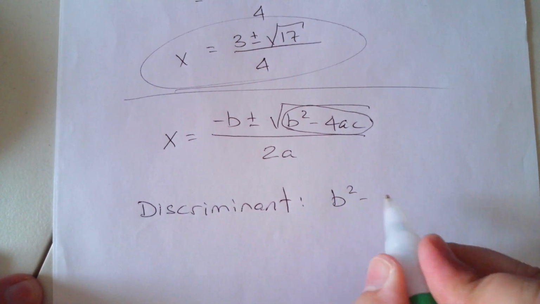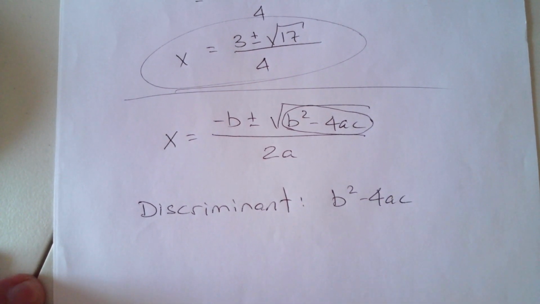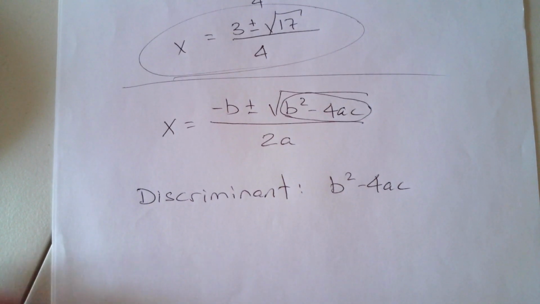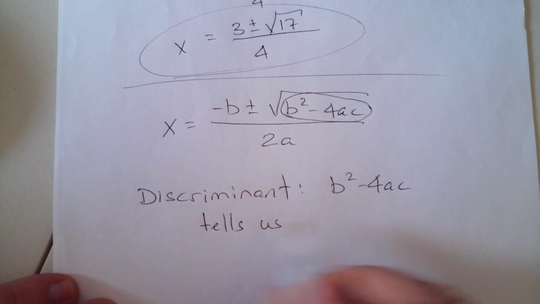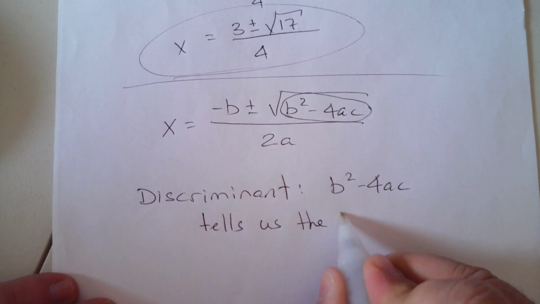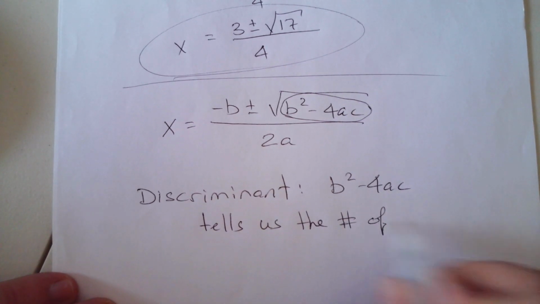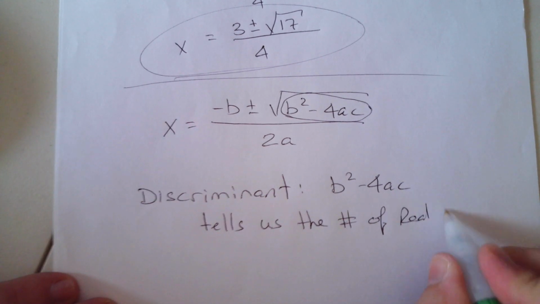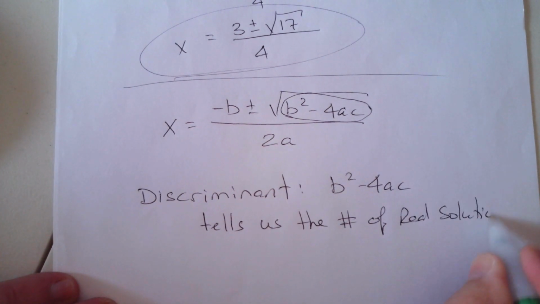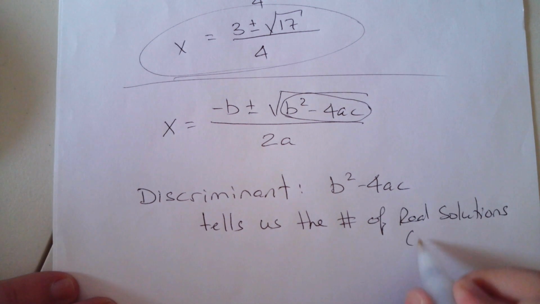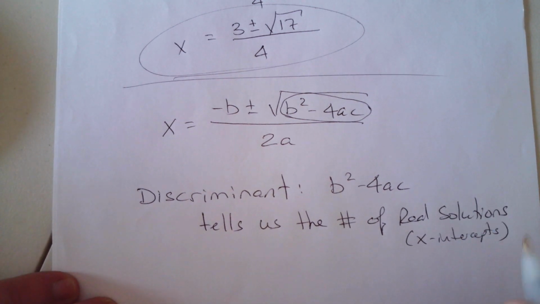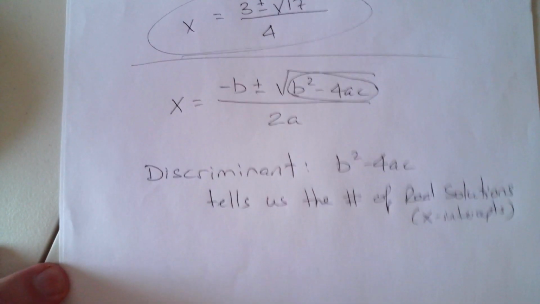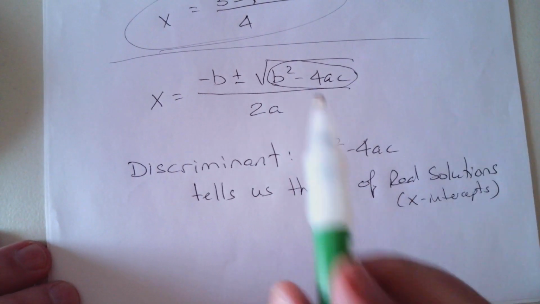That's the b squared minus 4ac. What it does is tell us the number of real solutions, or actually the number of x-intercepts of the graph, because it's inside the square root.